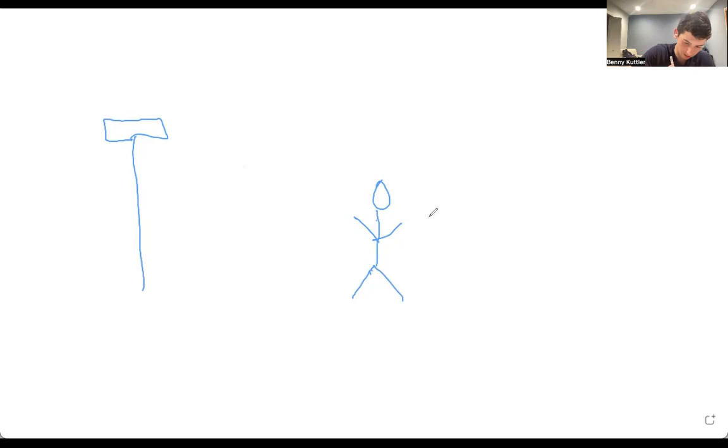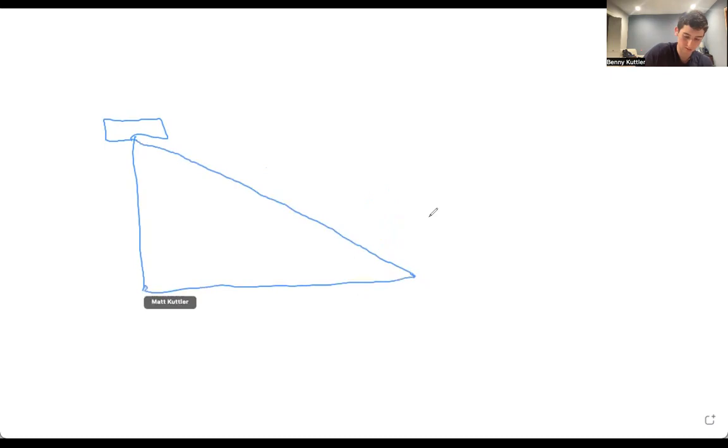Sorry, I'll have to redraw this. So this is our man, this is our shadow. Not the best representation, but we're looking for how fast his shadow's length changes.